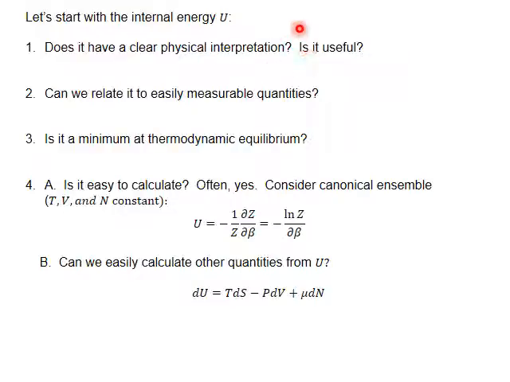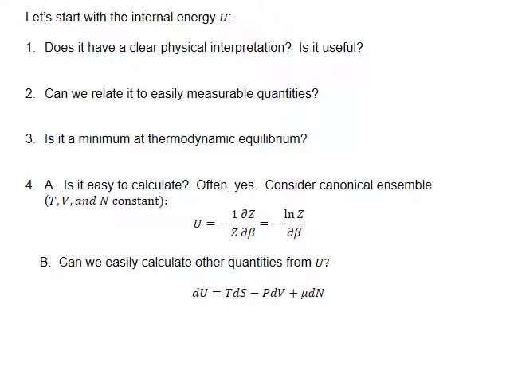In the case of the ideal gas, it was the kinetic energy, the rotational energy of the molecules, their vibrational energy. We didn't include mc squared, the rest energy of the atom. So one always has a choice as to what they include in U, but it has an obvious physical interpretation.